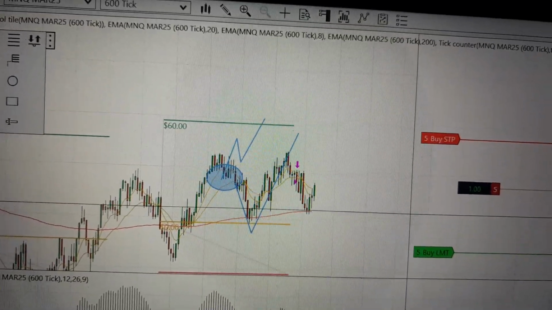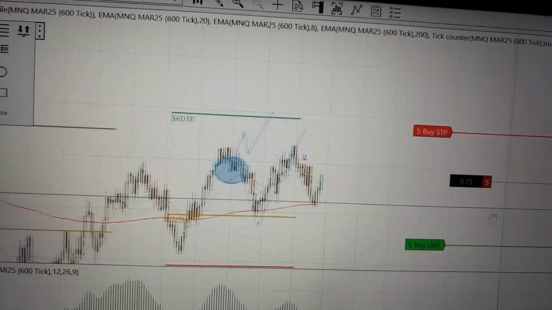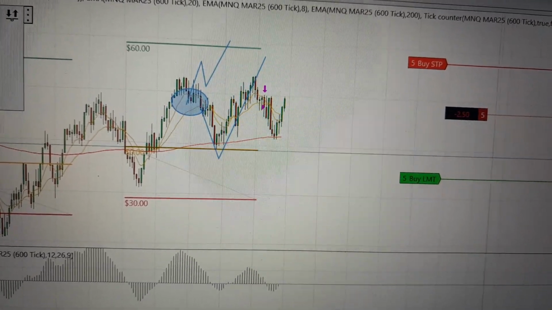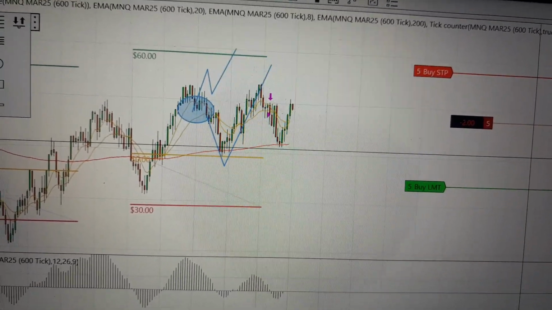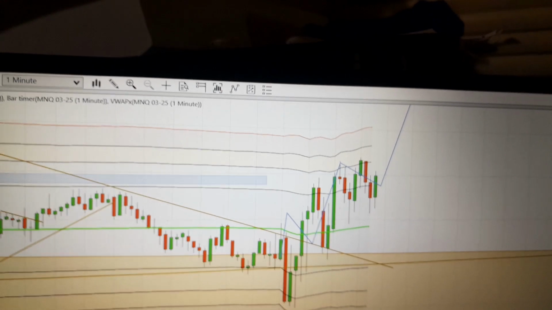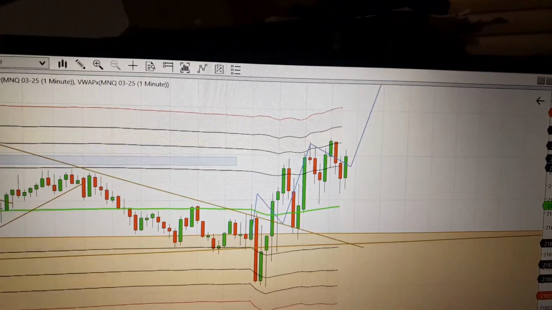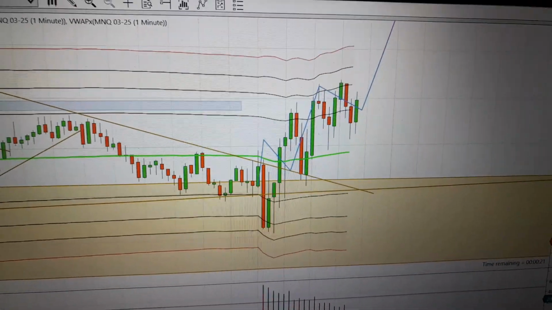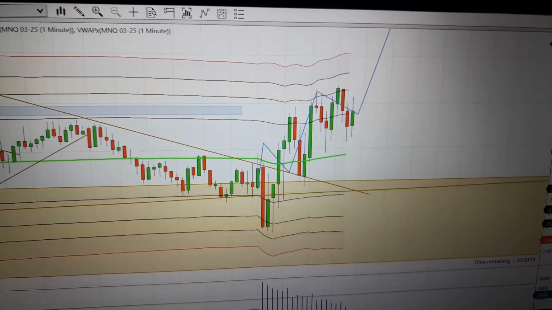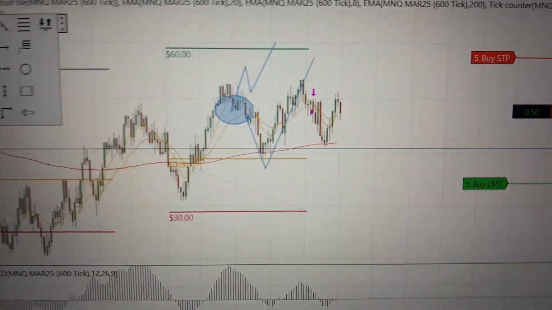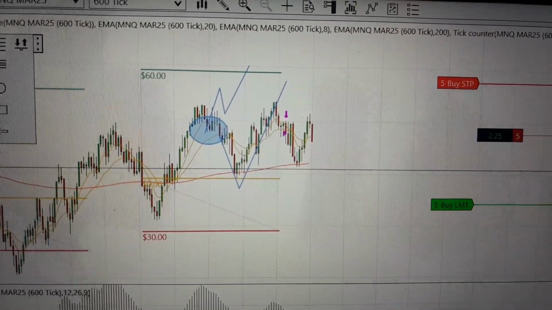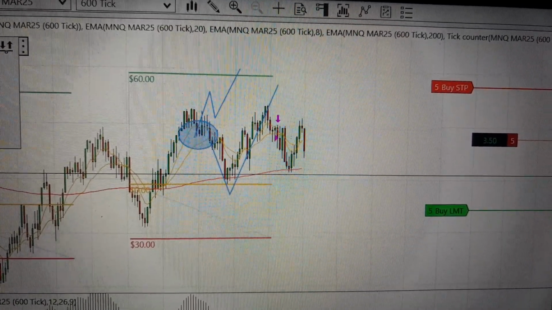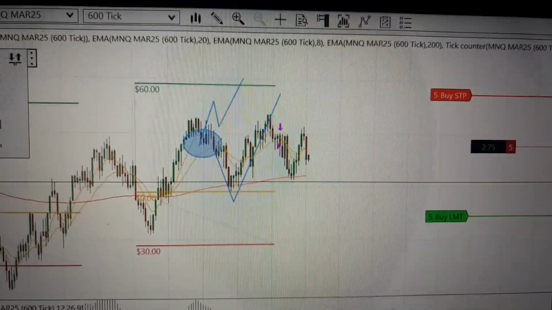So I was hoping there was room here, but I'm not sure. So that's how it's looking in 1 minute. Really volatile today.